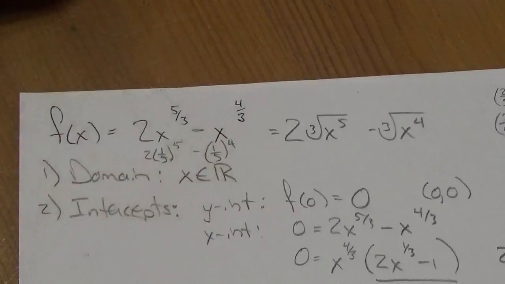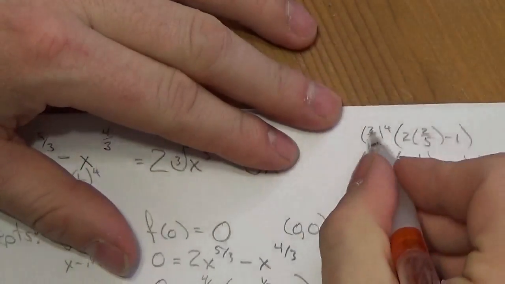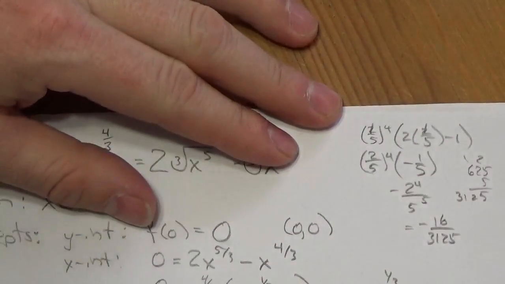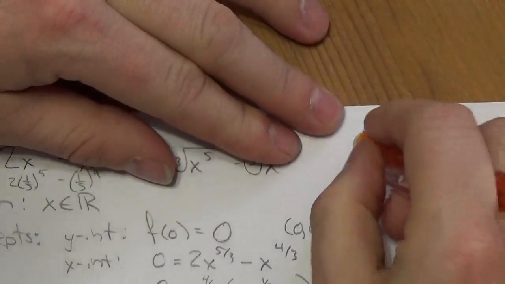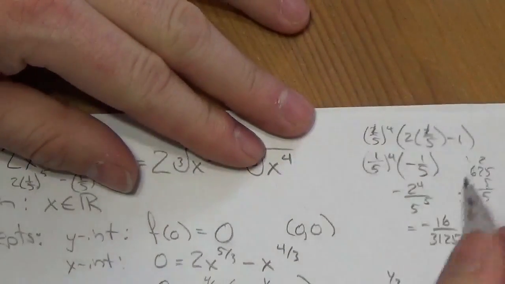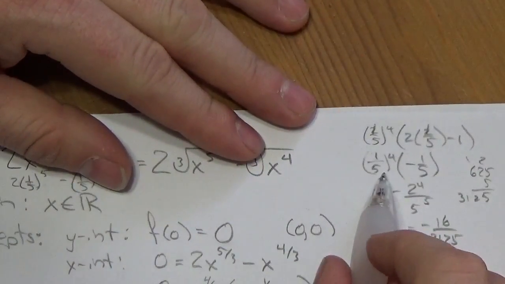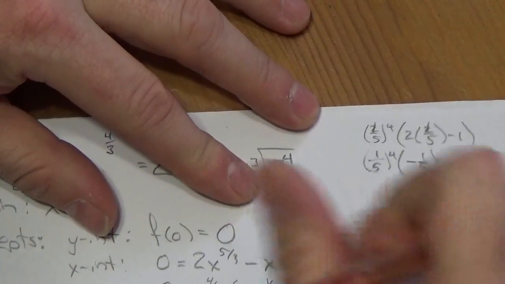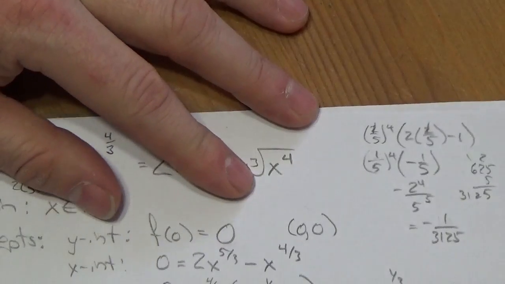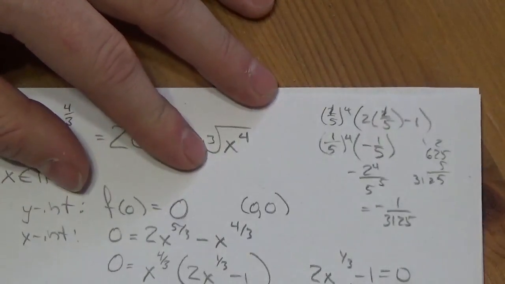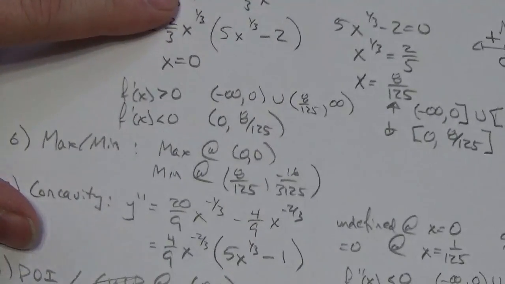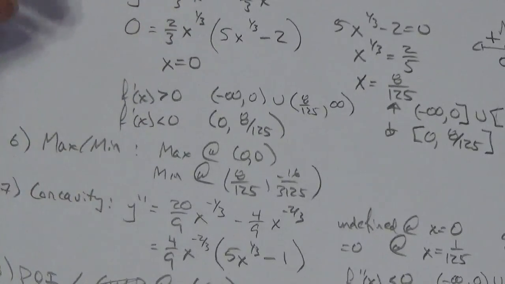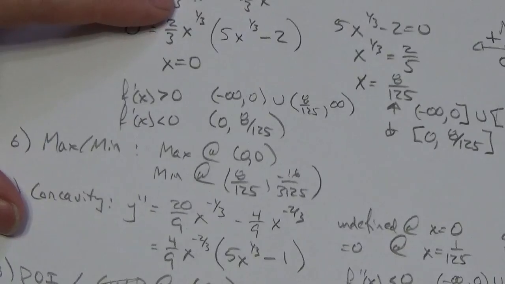We can do the exact same thing here, so it'll end up being 1/5 to the 4th multiplied by negative 1/5. So it's just going to be negative 1 over 3,125. So really, really small here.